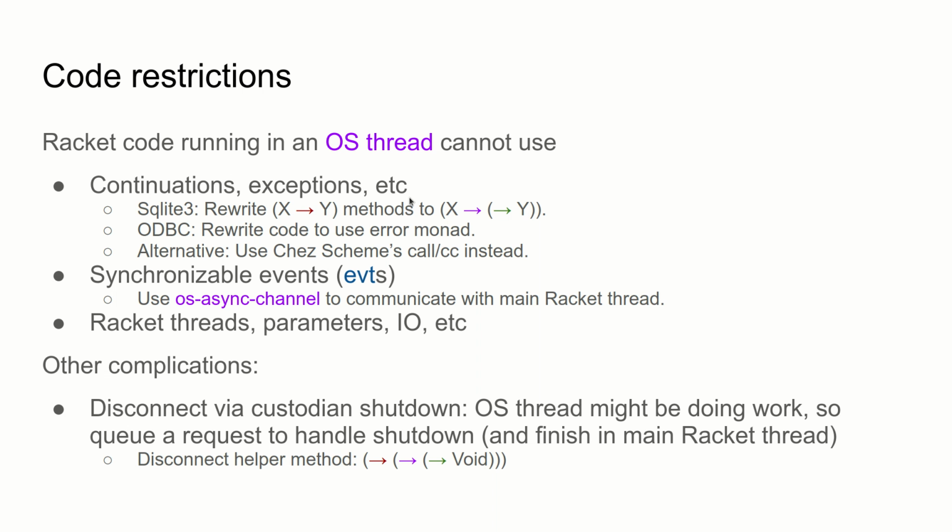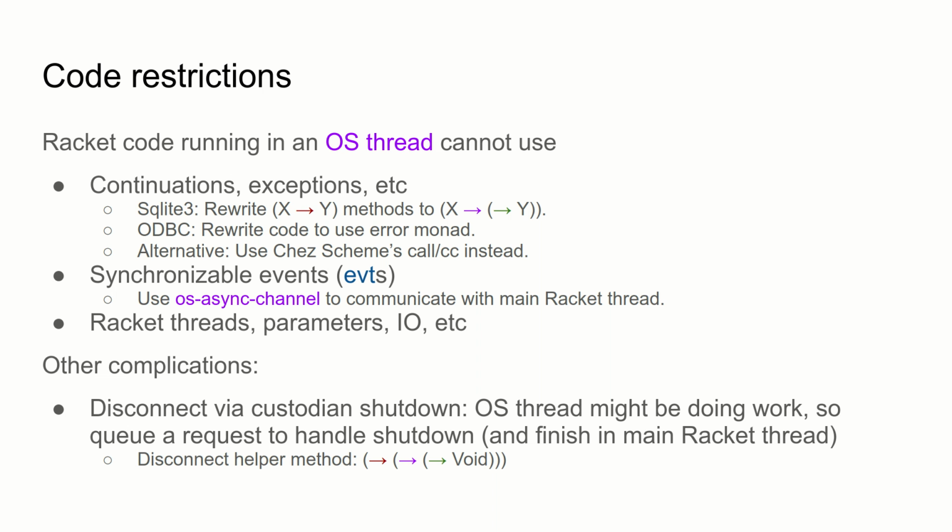So for the exceptions, in some cases we just fall back to writing the code in monadic style instead, using an error monad. And then at the end, if we had an error, we wait until we return to normal Racket mode to raise the exception. Instead of channels, we use OS async channels that are designed to communicate between Racket threads and OS threads.